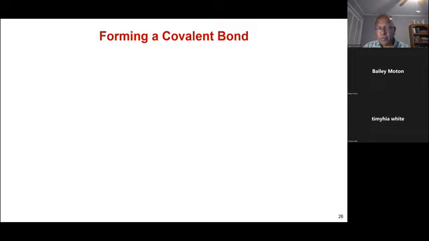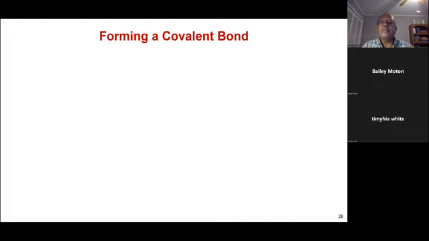A covalent bond is formed when an atom shares electrons in the valence shell with another atom. This normally happens when there are between 3 and 7 valence electrons.